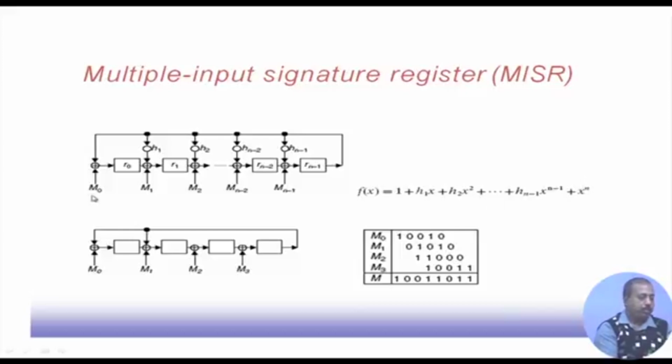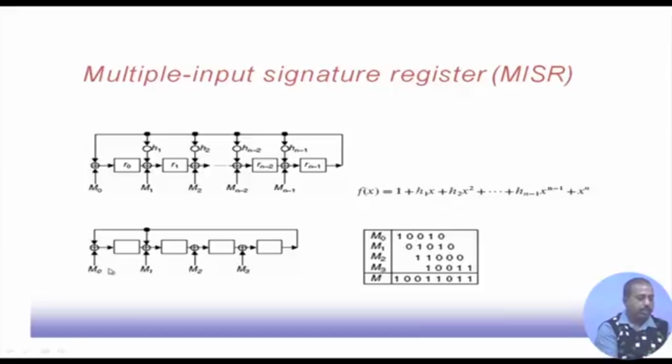Now, the responses that are coming from the scan chain are connected to these lines, M0, M1, M2, up to Mn minus 1. This is a typical example of one particular connection, and the M0, M1 lines are connected like this.